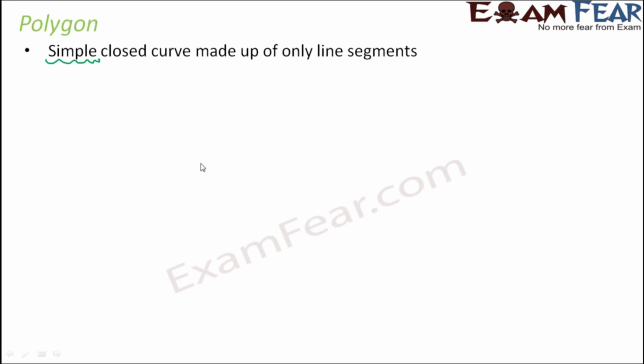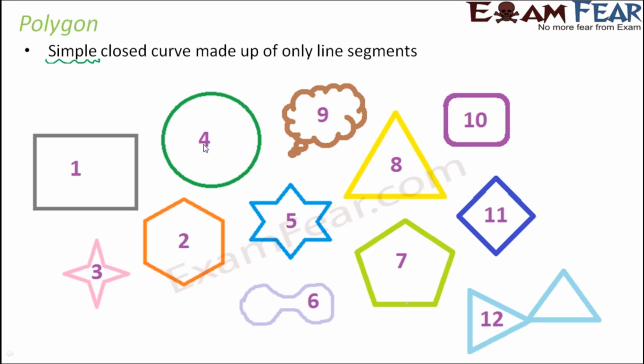So here on the screen we have almost 12 geometrical figures, of which we have to identify which one is a polygon and which one is not. Now what do we mean by simple curve? Those curves which do not intersect themselves. For example, if I draw a curve like this, this curve never crossed itself.